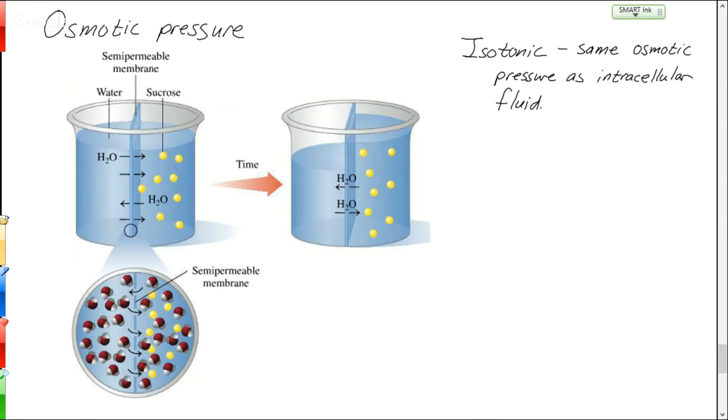But what could happen if that's changed? So what happens if you put cells in pure water? Pure water would have a higher or a lower concentration of solute than inside the cell. What has more solutes? The fluid inside the cell or pure water? It's got to be inside the cells because we know it has something in there. So if you put pure water, which direction is the osmotic pressure?